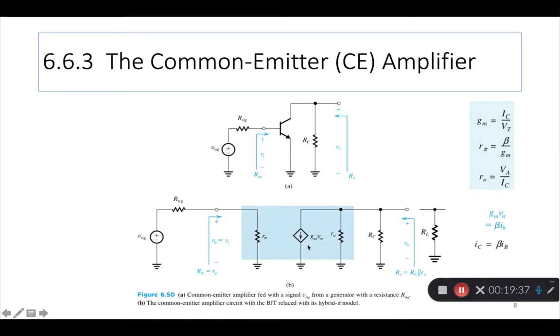And then the factor Gm times V pi is actually a current, right? Because transconductance is current by voltage, times voltage gives you current. That's why this is a current source. You can see that here. And this current value is actually nothing but the signal IC, signal plus bias together, which is beta times IB, right?